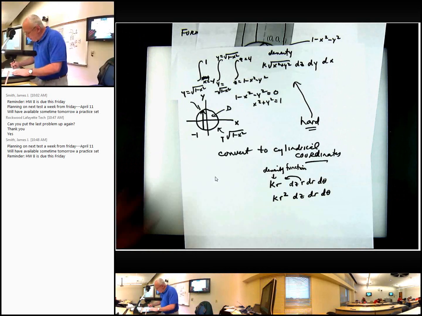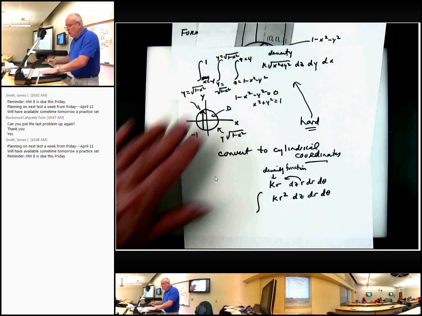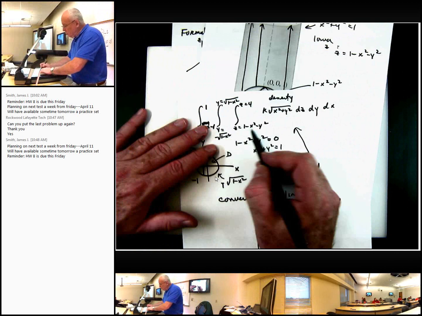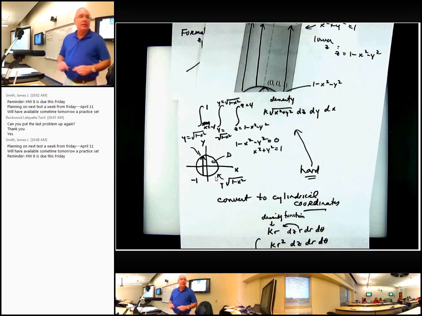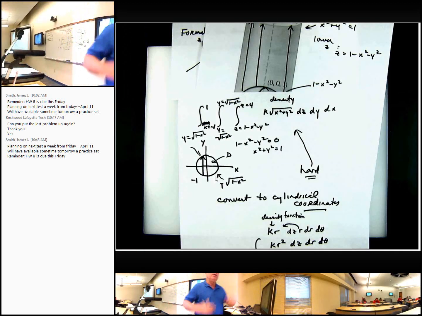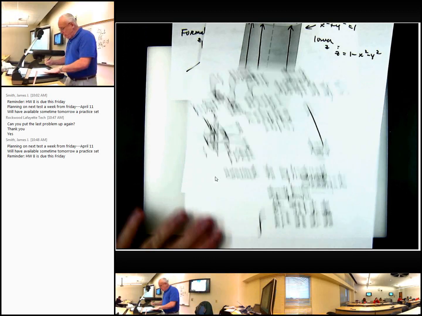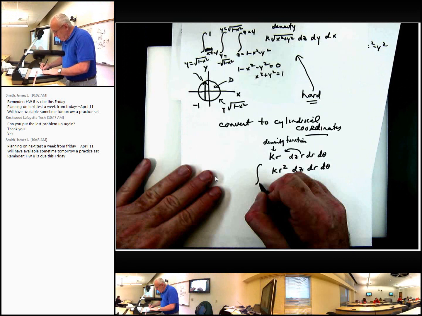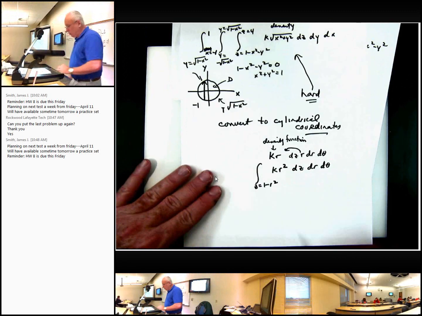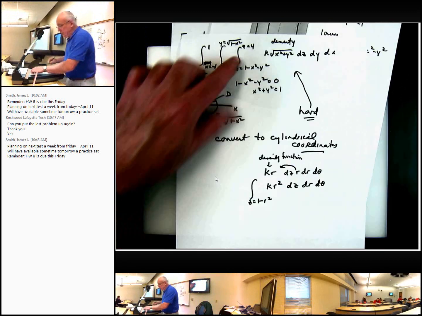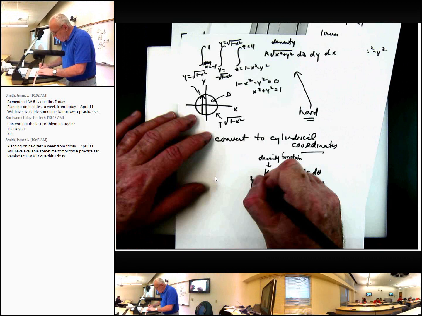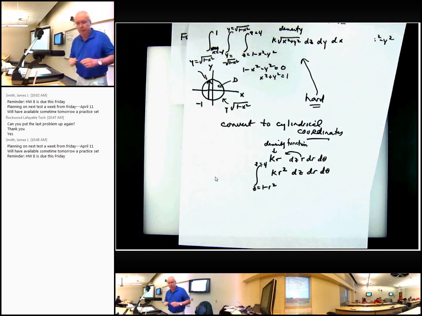So what are our limits then on z? Here, the lower limit was 1 minus x squared minus y squared. How can I represent that with cylindrical? Yeah, 1 minus r squared. So z equals 1 minus r squared is our lower limit, and our top limit is still going to be the number 4.